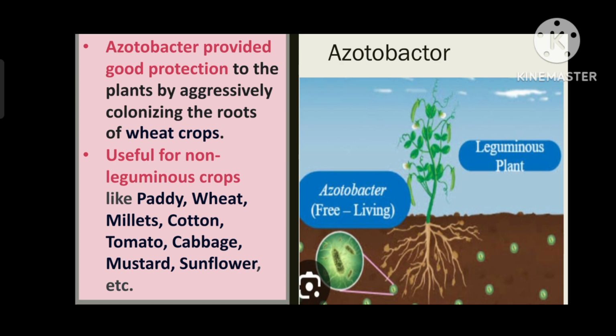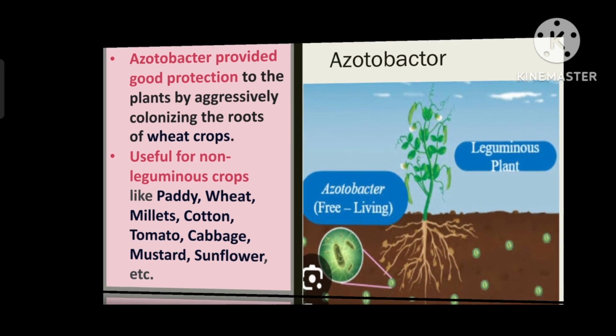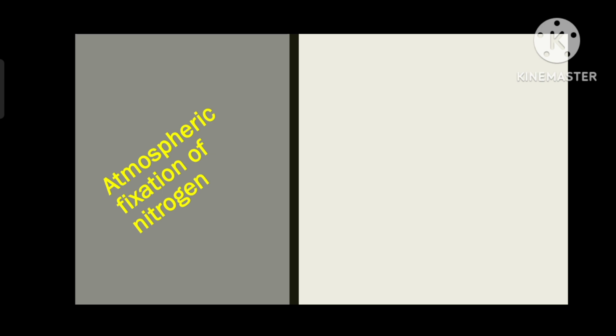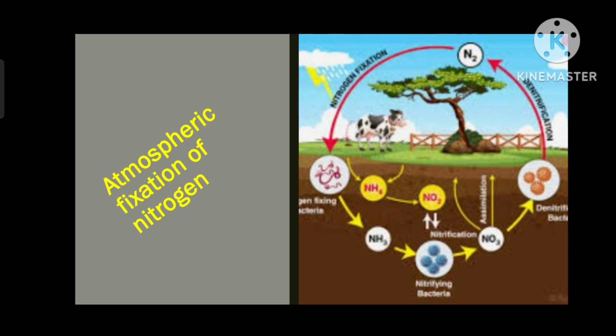These plants use the azotobacter nitrogen system. By this atmospheric fixation of nitrogen, plants utilize the nitrogen from the soil.